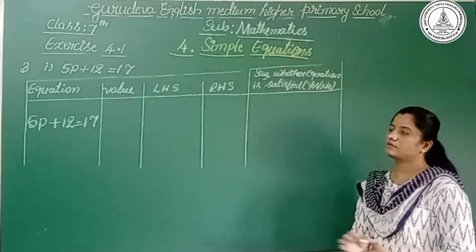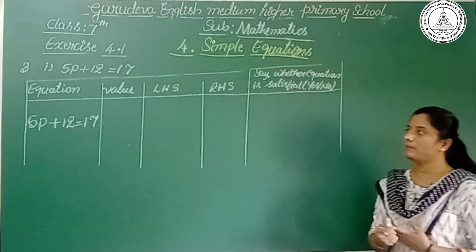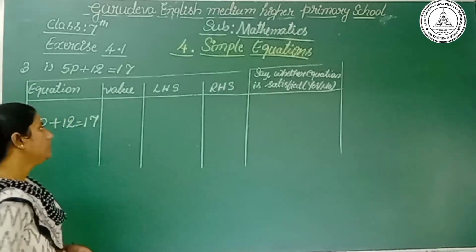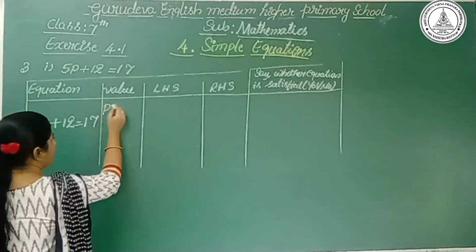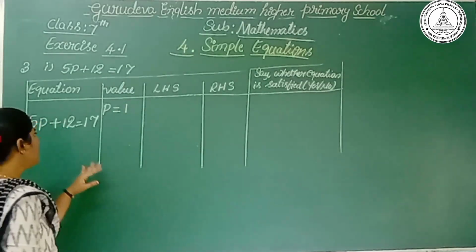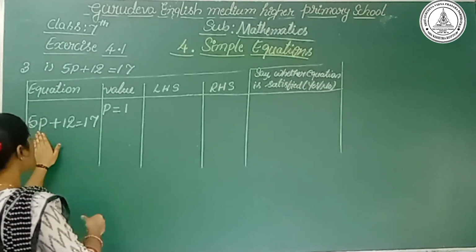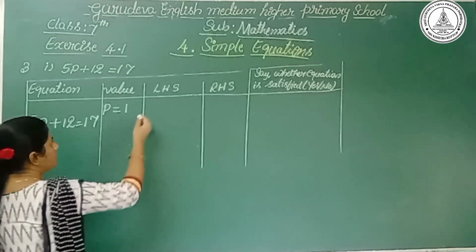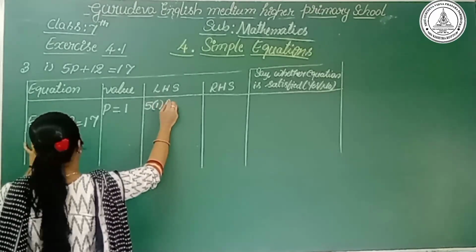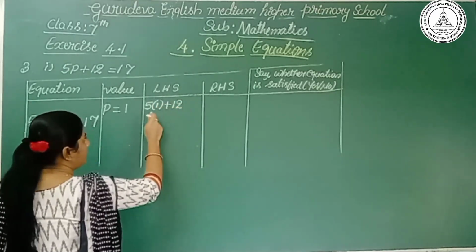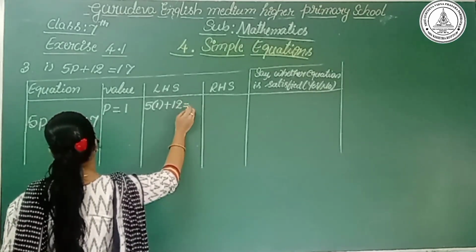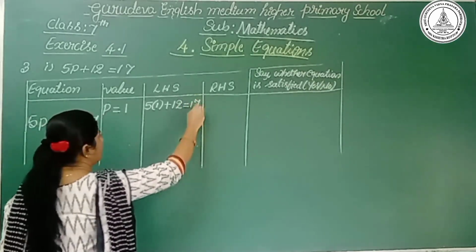Okay, so let's check the first equation, that is 5p plus 12 is equal to 17. So let's take values of p. First I will take the value of p equal to 1. If the value of p is 1, what is the LHS? LHS means 5p plus 12. So for p we substitute 1: 5 times 1 plus 12, 5 plus 12 is equal to 17.